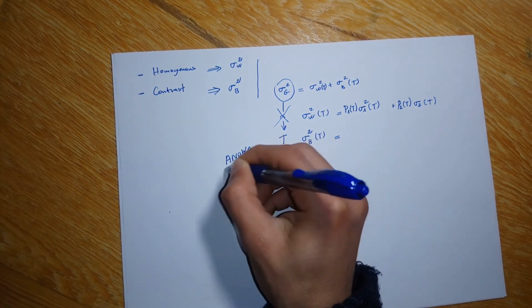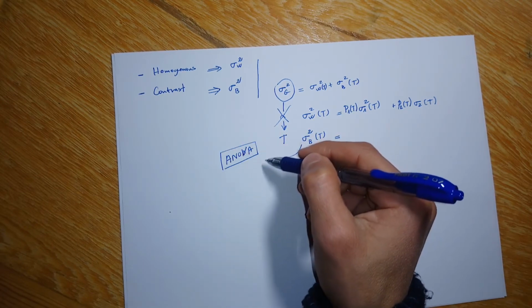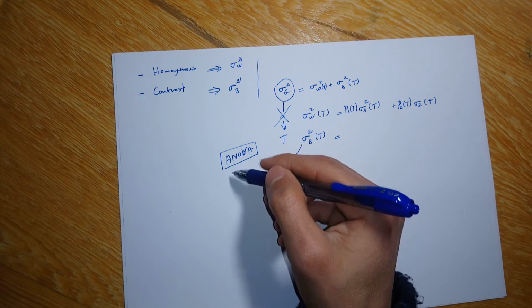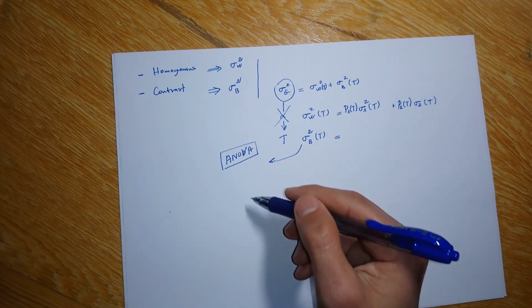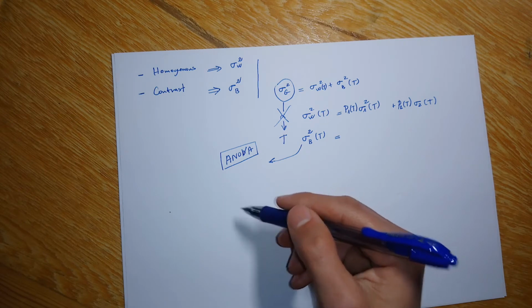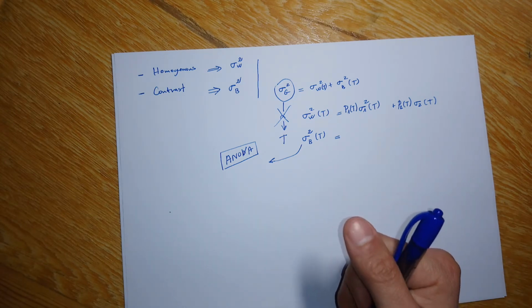ANOVA is a statistical technique. It stands for analysis of variance, and it tries to see if there are any samples in our data set that have some unique properties. It does so just by analyzing the means of each sample.